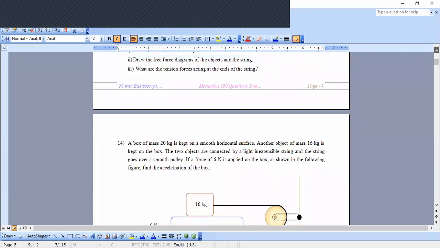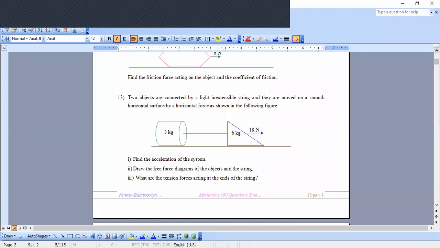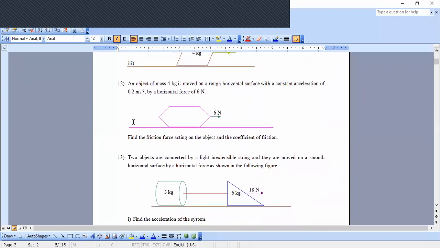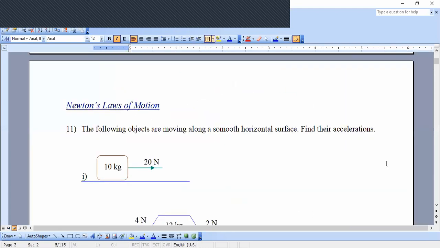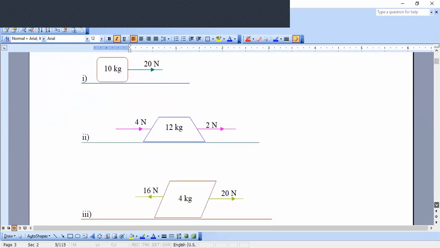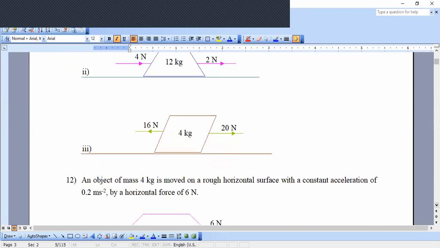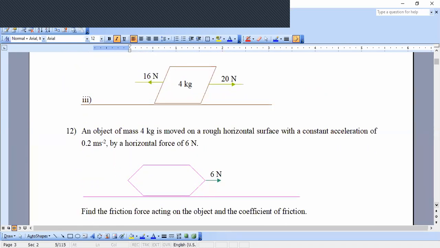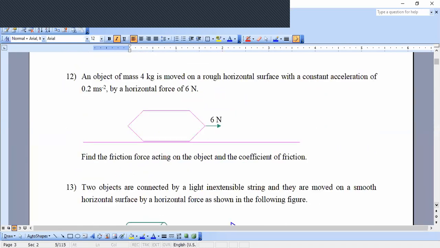A tractor is also there. Did we complete this, dear? Yes, sir. 11 completed. 12 completed. So let's go to question number 13.